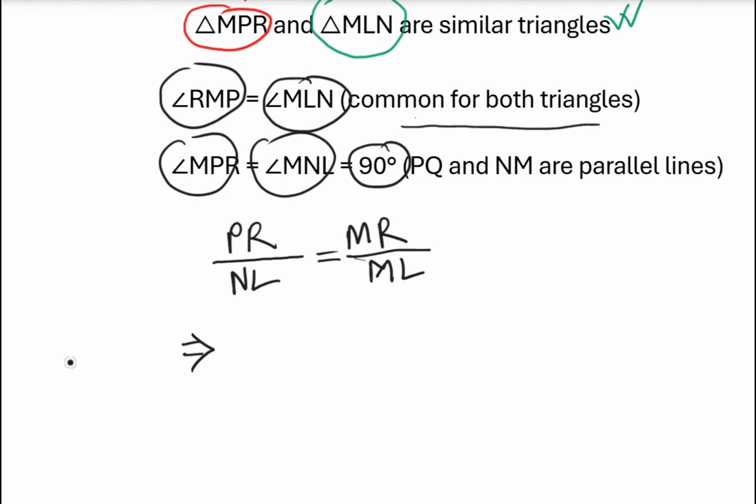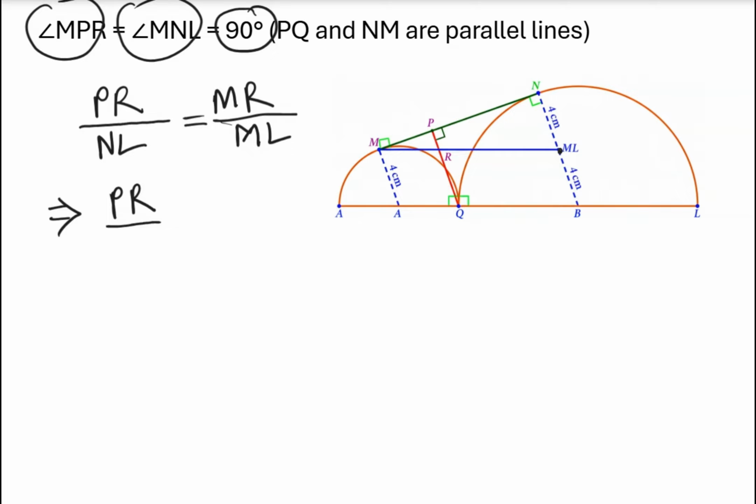Anyways, now let's plug in the values. PR we haven't got, right? And NL is 4 centimeters, so let's plug in 4 centimeters.